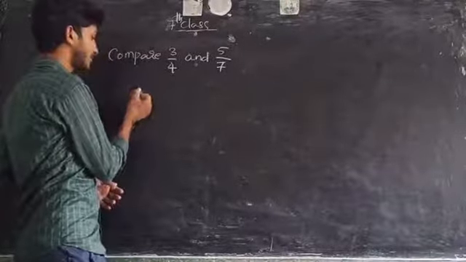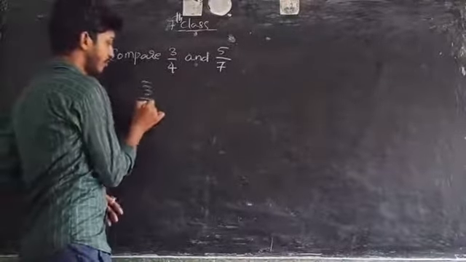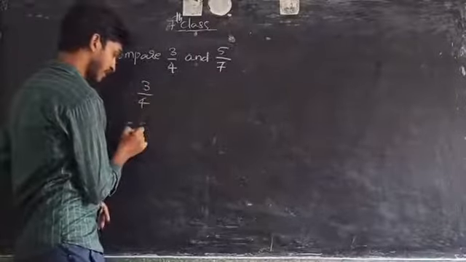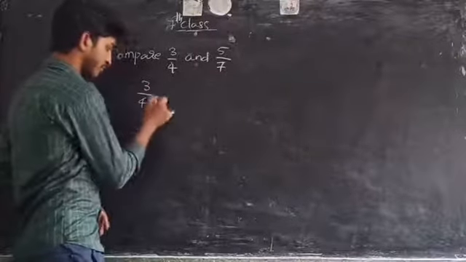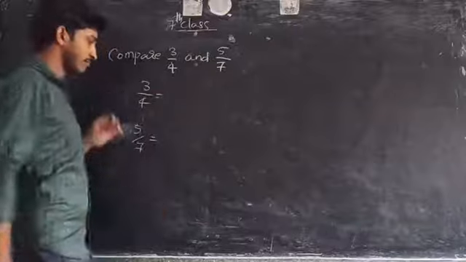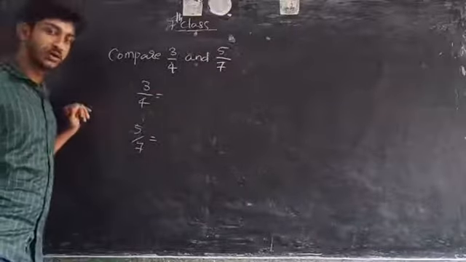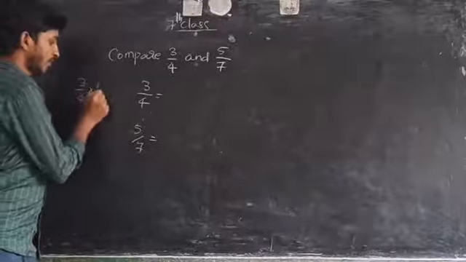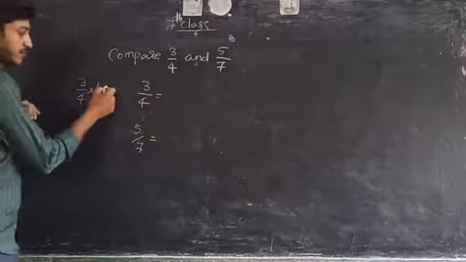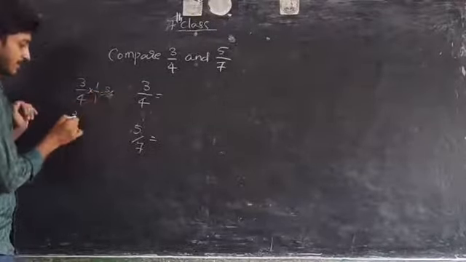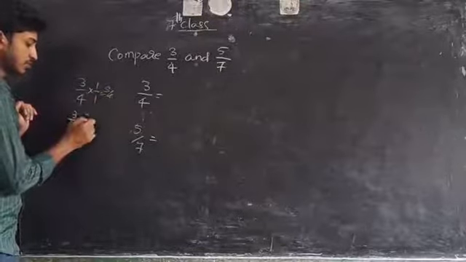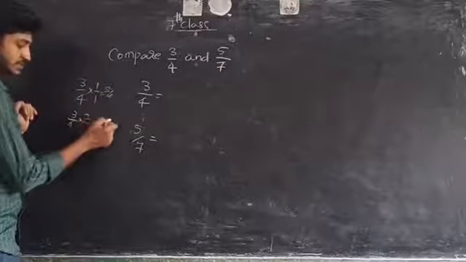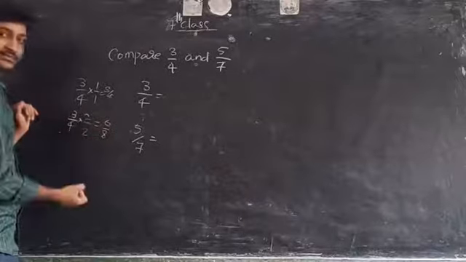So see here, the numbers are 3 by 4 and 5 by 7. First of all, multiply 3 by 4 with 1 by 1. We get 3 by 4, same. Now multiply 3 by 4 with 2 by 2. We get 3 2s are 6 and 4 2s are 8.